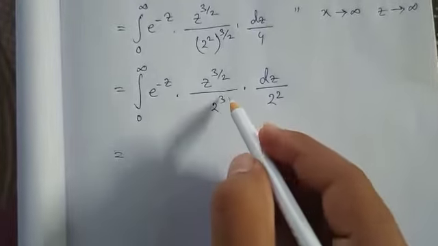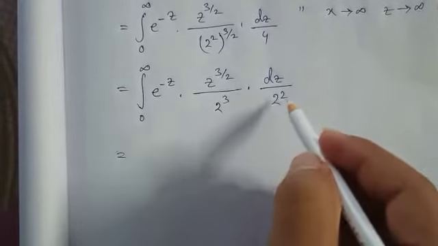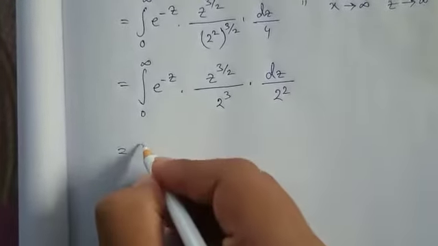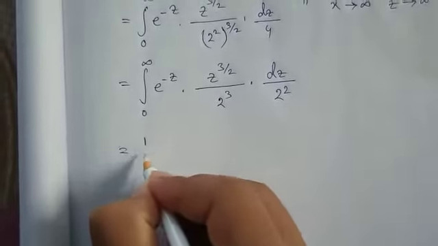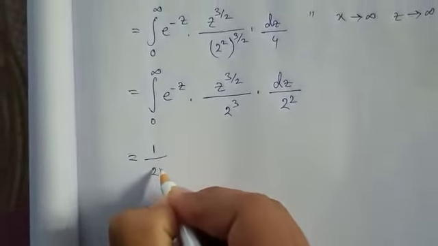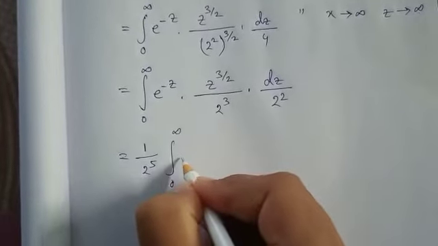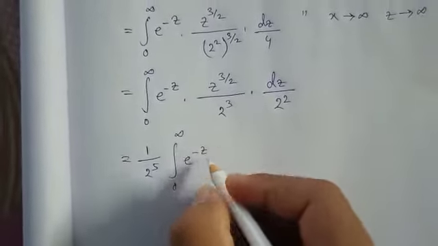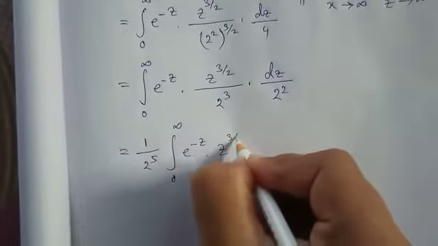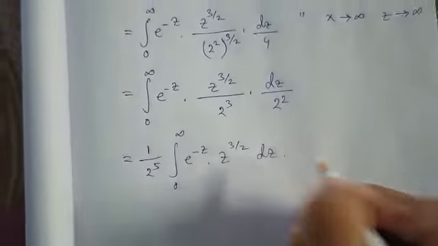Now this term is constant, so we put this 2 to the power 5 outside, integration from 0 to infinity of e to the power minus z into z to the power 3 by 2 into dz.